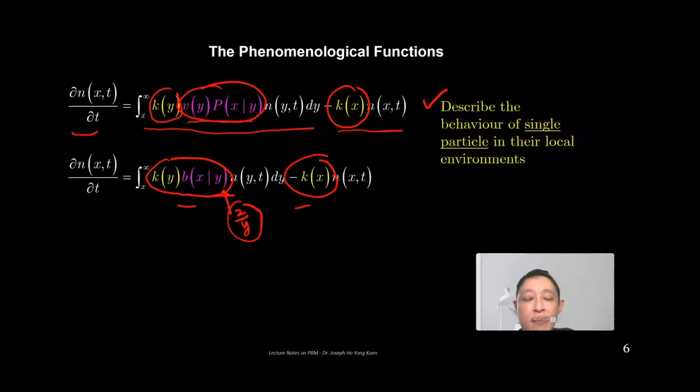Let's say we are given a bunch of data and we are trying to model how they evolve by population balance modeling. These are the primary functions that we are trying to model or extract from the system, because this will give us insights on how the population is behaving, what is the rate that they are breaking, right?